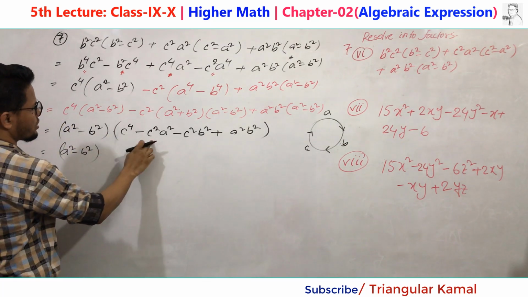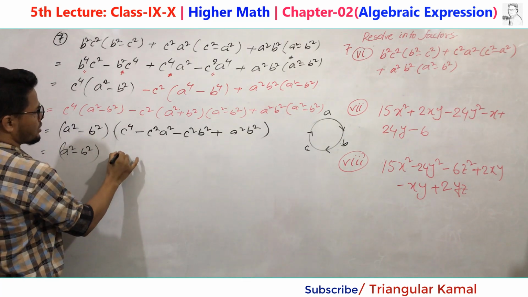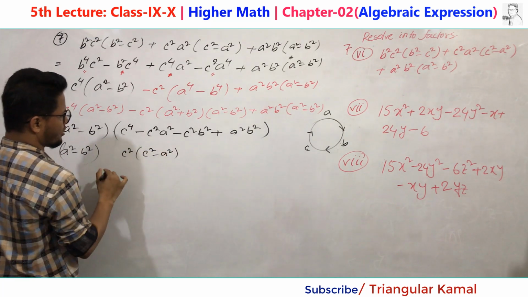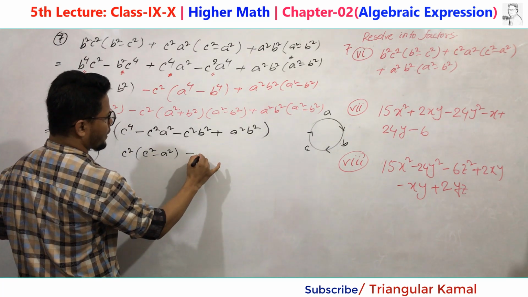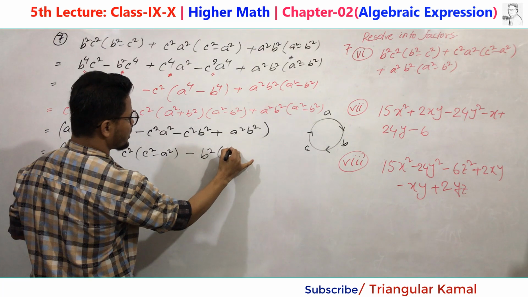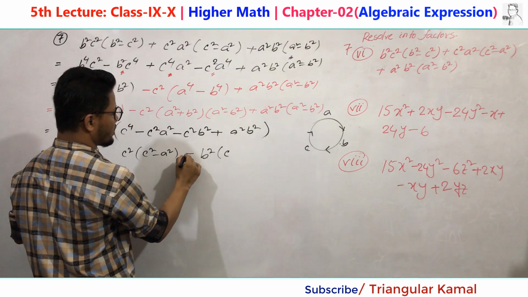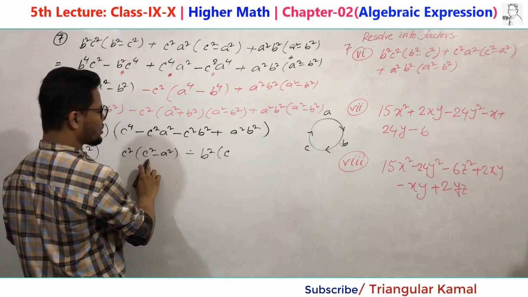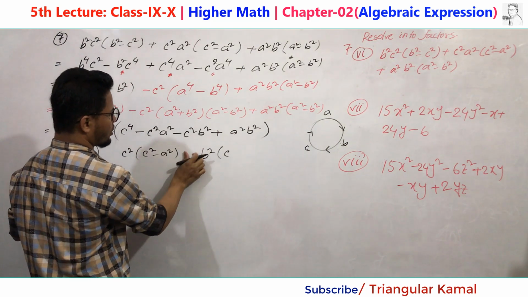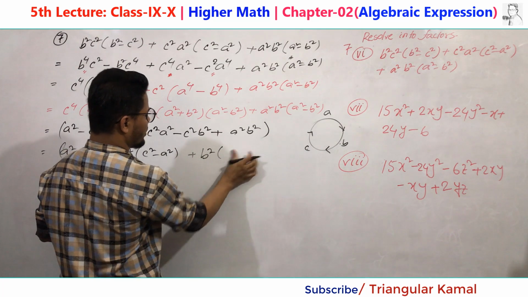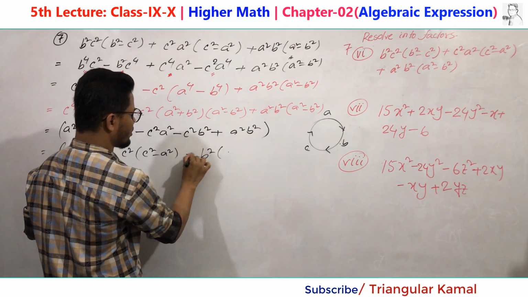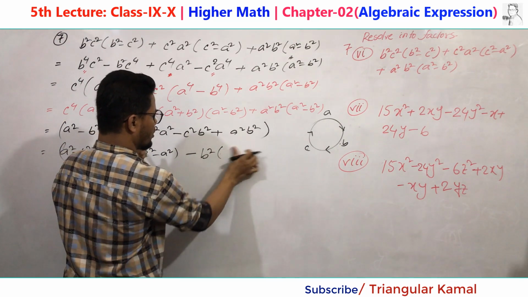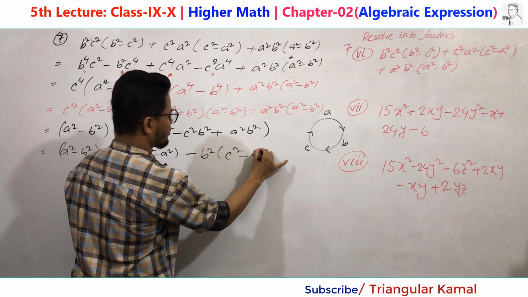If we arrange the data, taking c square common, then c square minus a square, and here take b square common, then c square minus a square, taking the minus b square common, then this one will be c square minus a square.